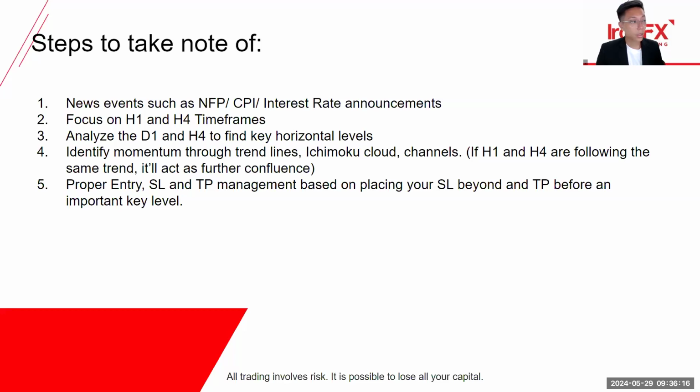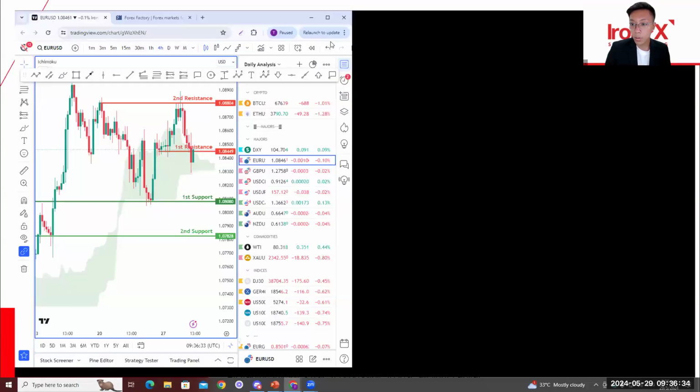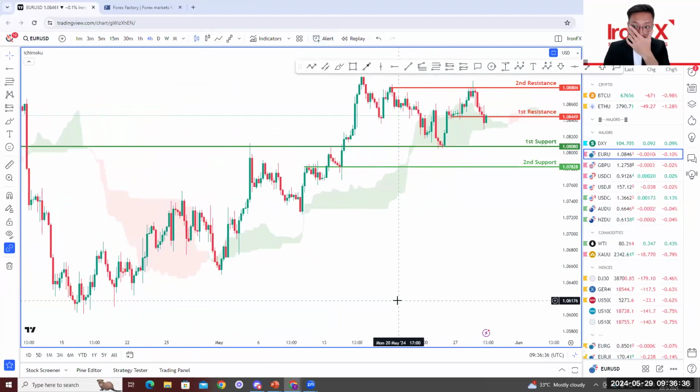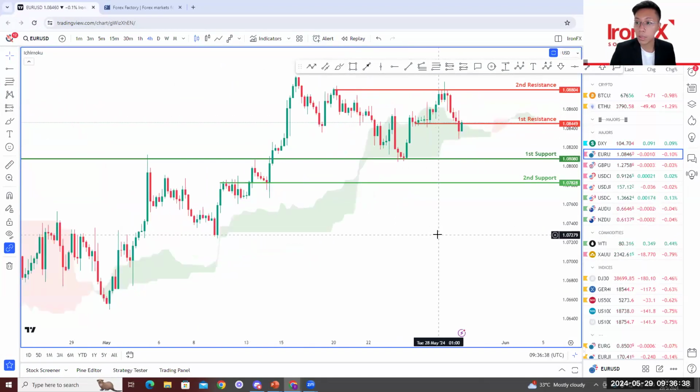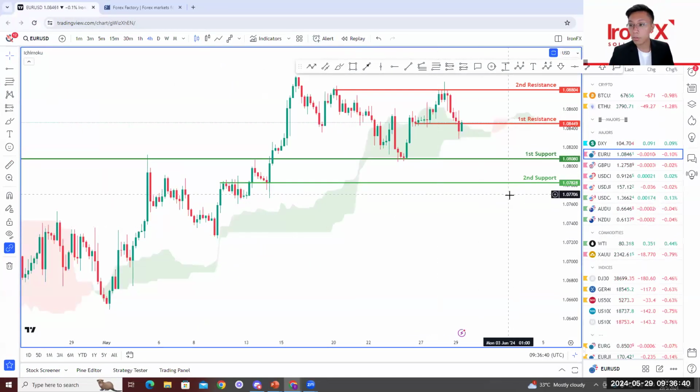The next thing for day trading, remember previously we mentioned H1 and H4. Your daily time frame is to look out for daily biases, whether your bias is to buy or sell. Using this EUR/USD example again, we are plotting out our first support, first resistance, second support, and second resistance.